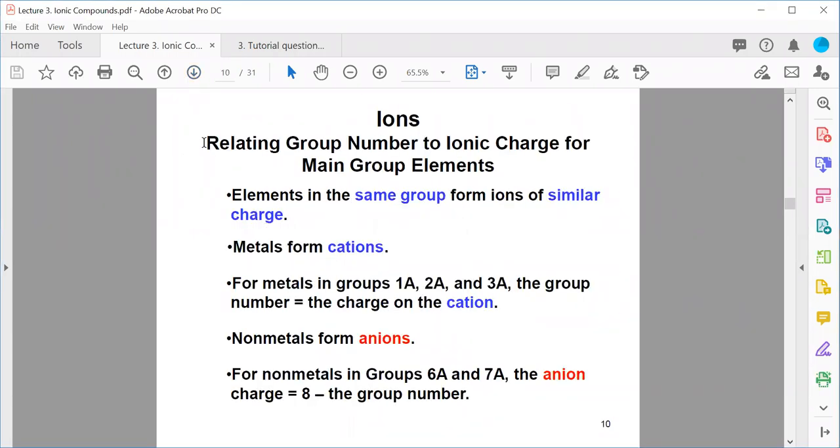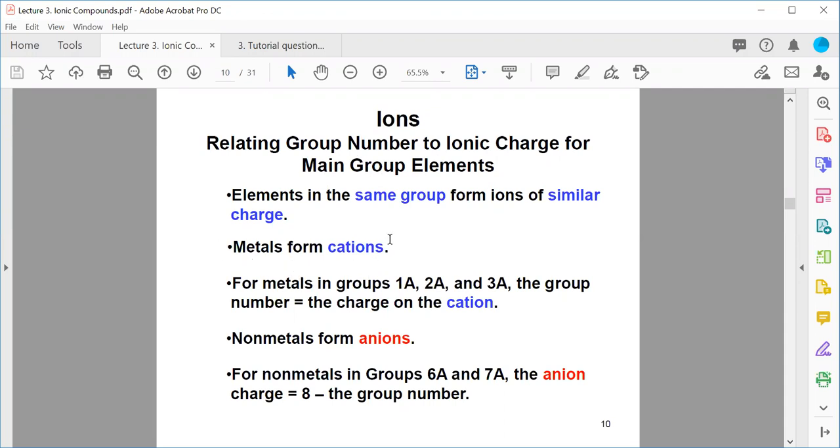All right, we can relate the group number that the element is situated in to the ionic charge that that particular element forms for the main group elements. So this is a good tip to remember. Elements in the same group tend to form ions of the same charge, and we'll see that in just a minute.